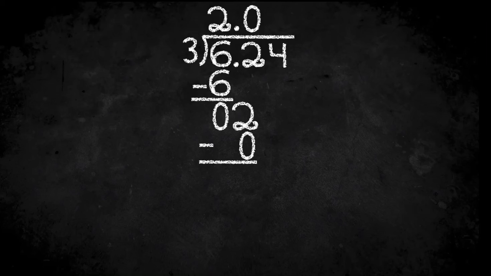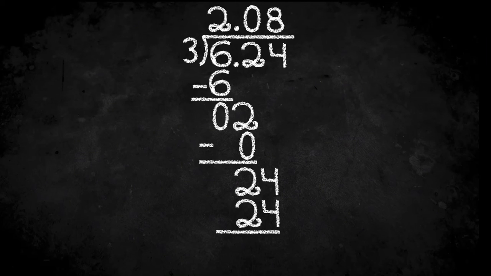Now we subtract, making it equal 2. We bring down the 4. Okay? Then what we do is we see how many times 3 goes into 24, which is 8 times. So let's put this here. And we subtract. So 24 minus 24 equals 0. So 6.24 divided by 3 equals 2.08.